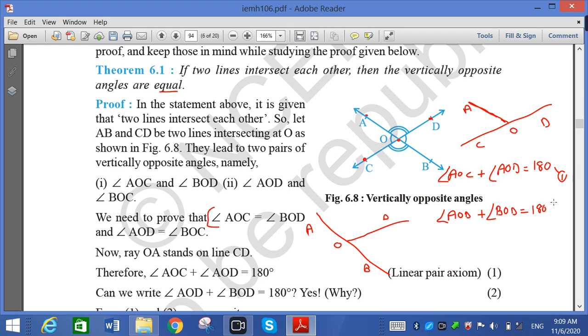Why? It is also a linear pair. So AOC plus AOD is equal to 180, and AOD plus BOD is equal to 180.